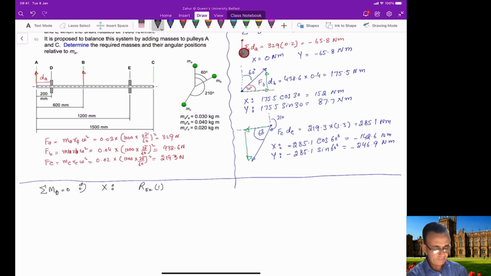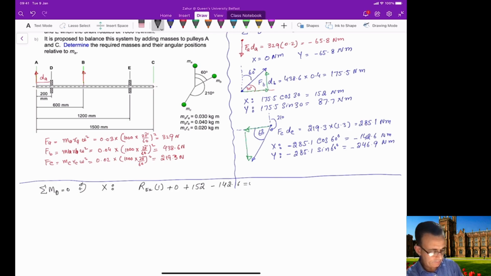And for the other part, we have all the x components and y components. For FADA, we have the x component which is 0. For FB DB, we have the x component which is positive 152. And for FCDC, we have the x component which is negative, minus 142.6.